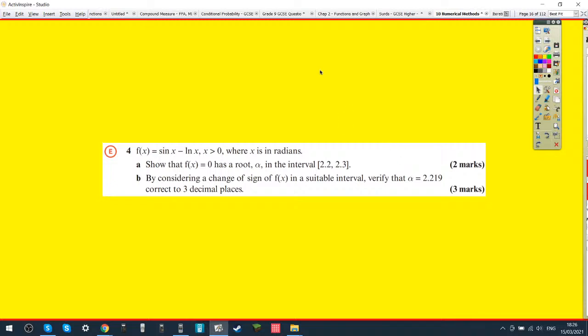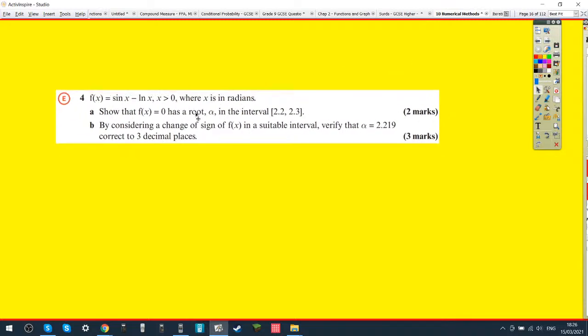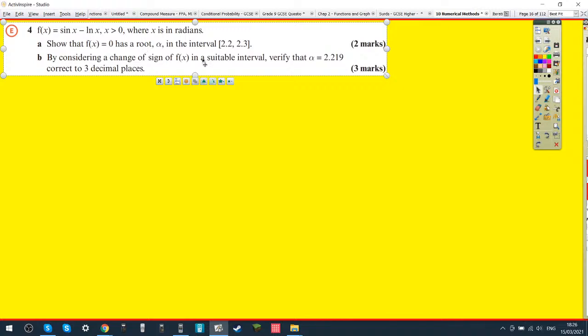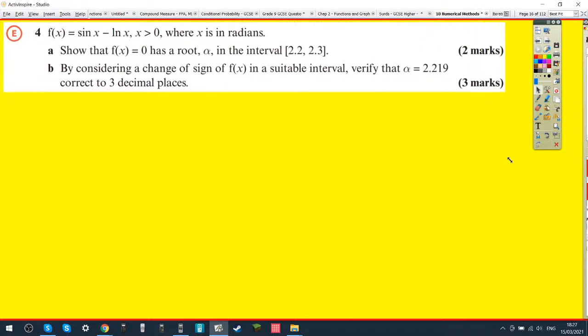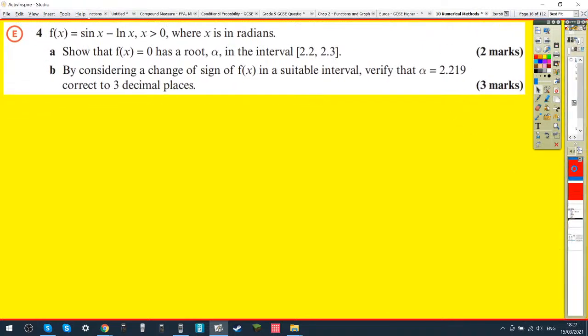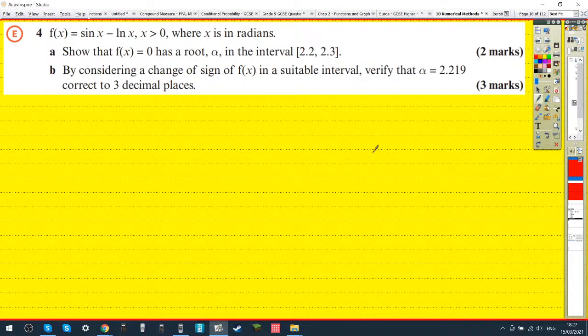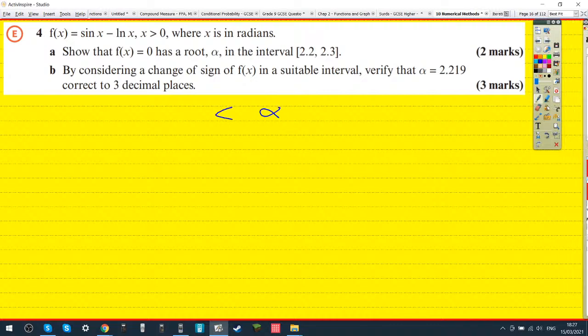Part B, how do you start it? So I started by doing the bounds of the number, which will be 2.2185 and 2.2195.